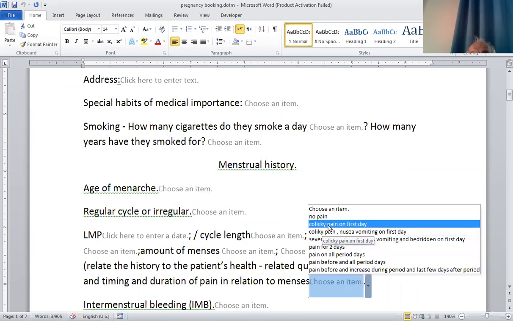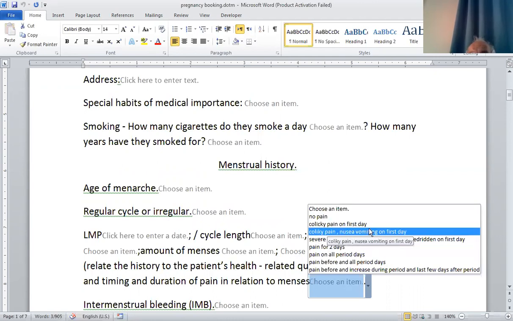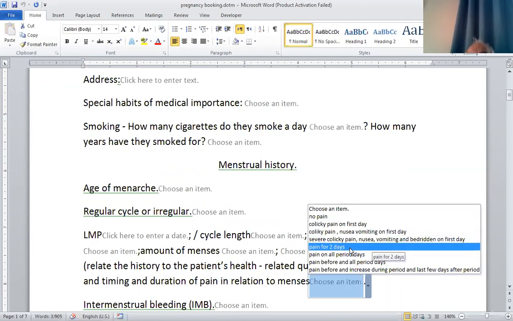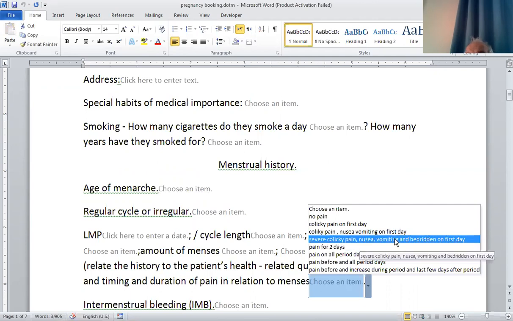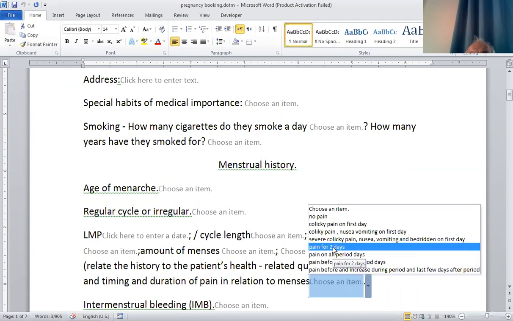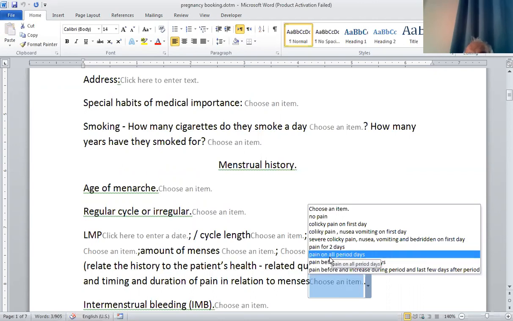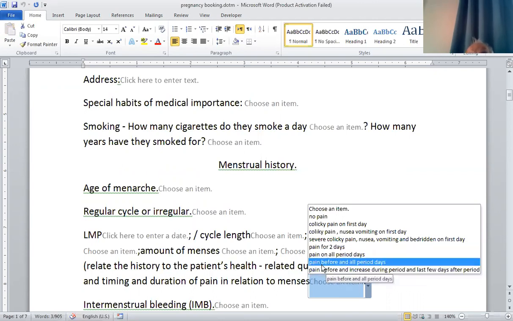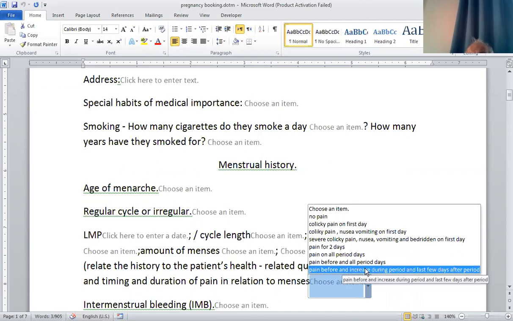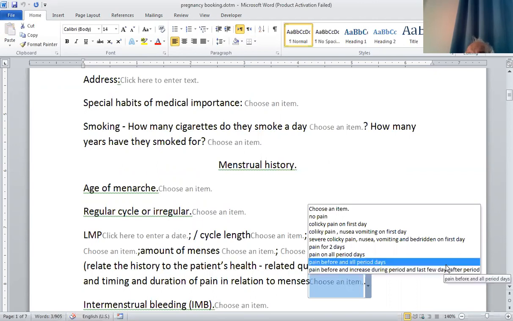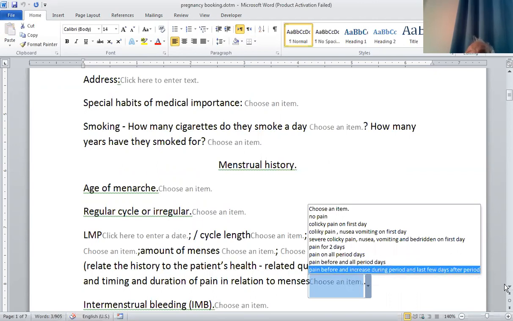She has colic pain on the first day, colic pain with nausea and vomiting on the first day, colic pain and nausea and vomiting and bedridden on the first day, more pain for 2 days, pain on all the period days, pain before and during all period days, pain before and increasing during the period and lasting for a few days after the period.